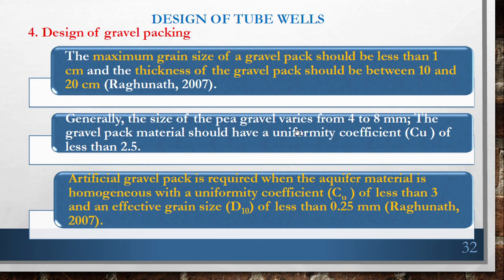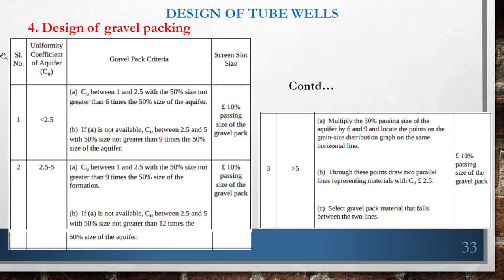Normally the size of pea gravel is 4 to 8 mm, and that particular size is necessary for using a gravel pack. The uniformity coefficient should be less than 2.5 for the gravel pack. How to choose the gravel pack based on the type of screen slot and the uniformity coefficient is given in this table. This one you can read.